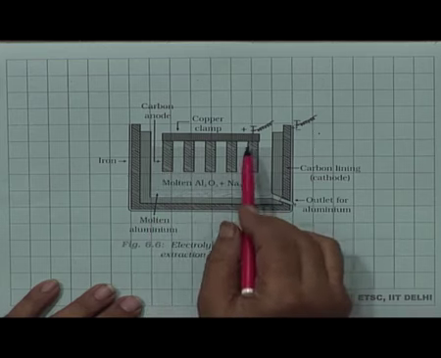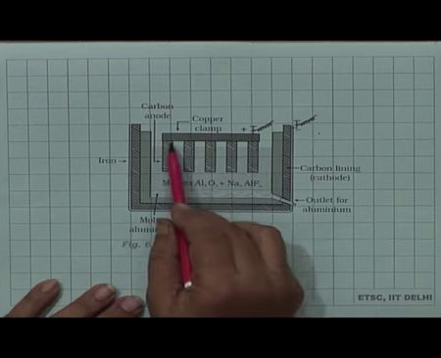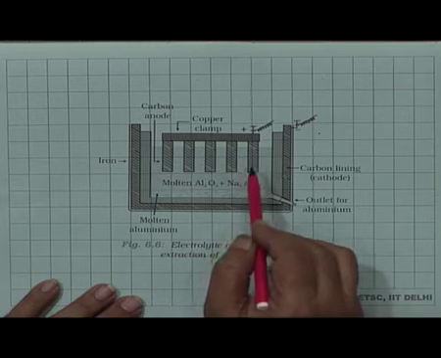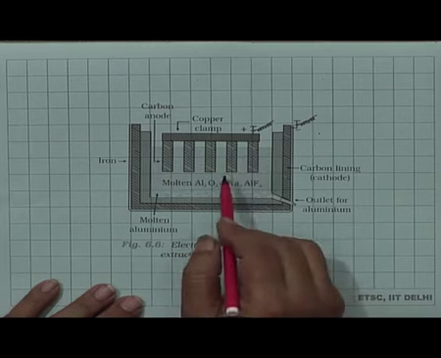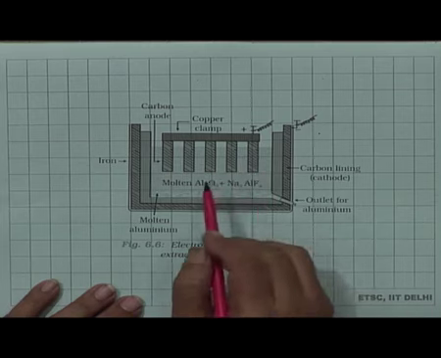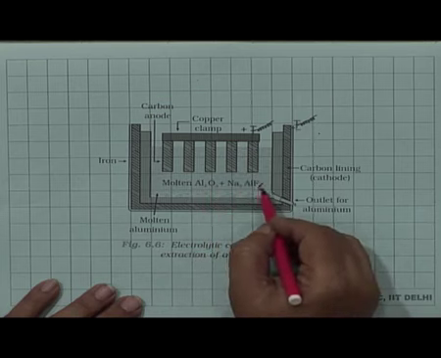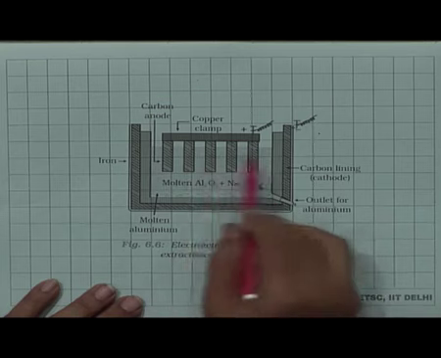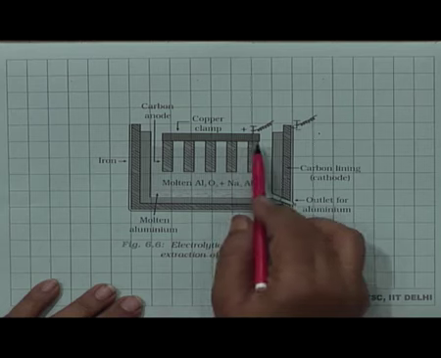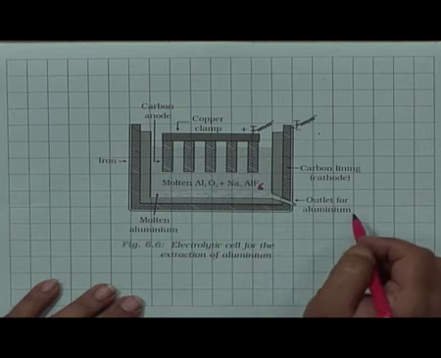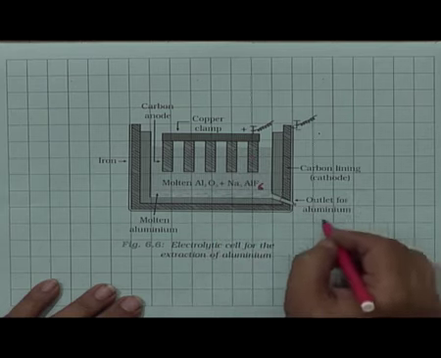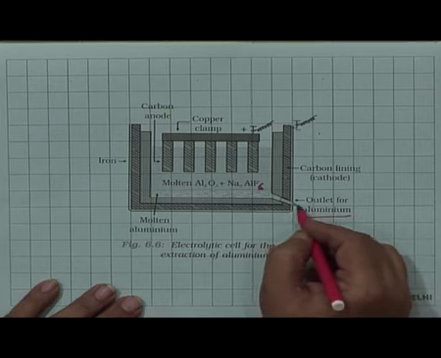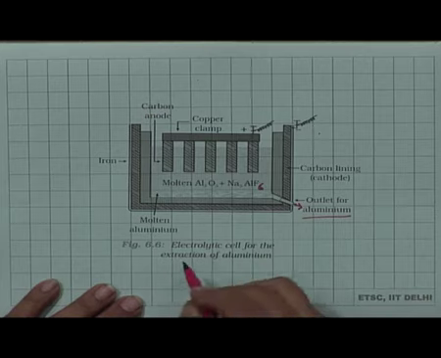In a commercial setup, several such electrodes are used, because electrolysis is carried out at a very large scale. When the electrolysis is carried out, aluminum is formed in a molten state, and from this outlet the aluminum is taken out.